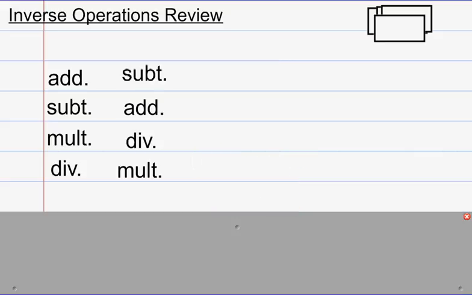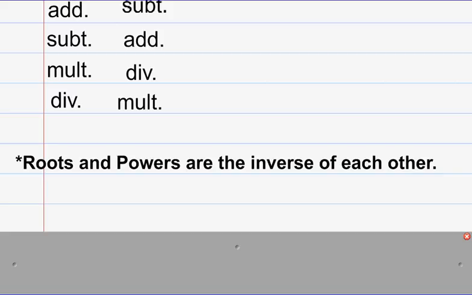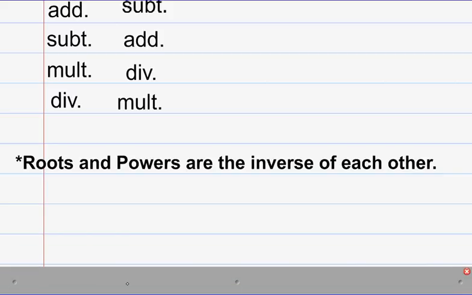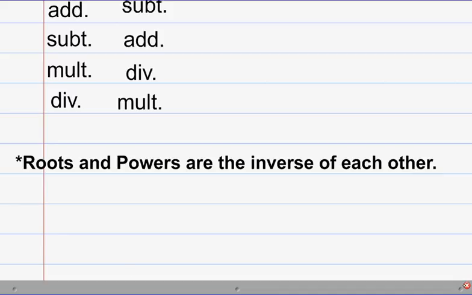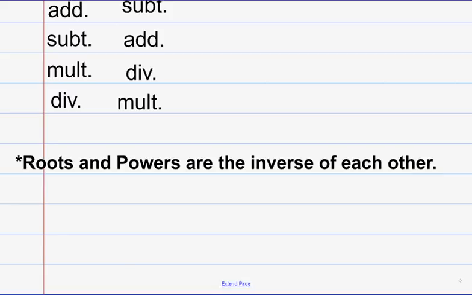Just like we did inverse operations with solving equations for those basic operations, roots and powers are the inverse operations of each other as well. So in other words, if you have 5 squared, that's equal to 5 times 5, or 25.